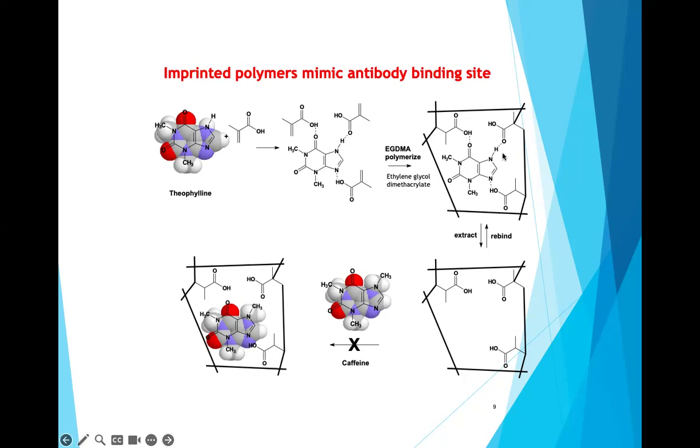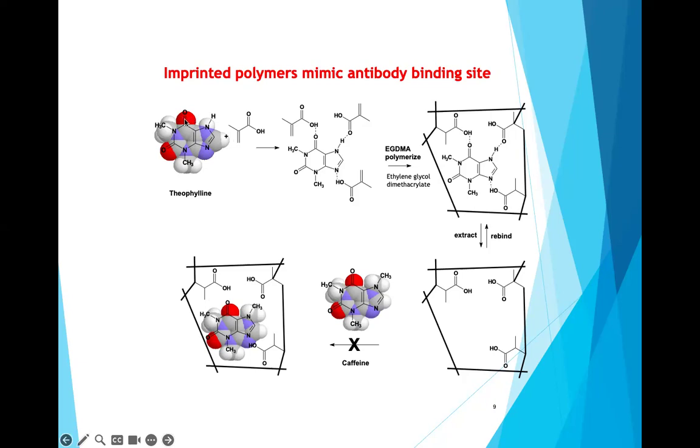Next, we have to cut this. If you look here, the interaction is chemical, not physical. That's why you have to study the functional groups of the template, the one that you want to sieve and extract.